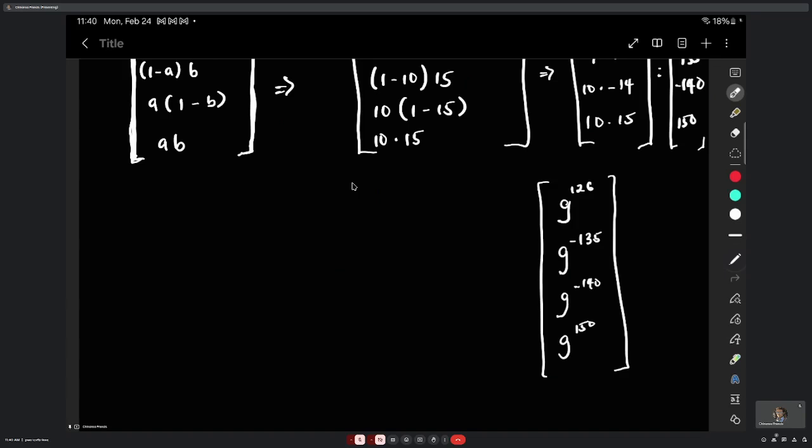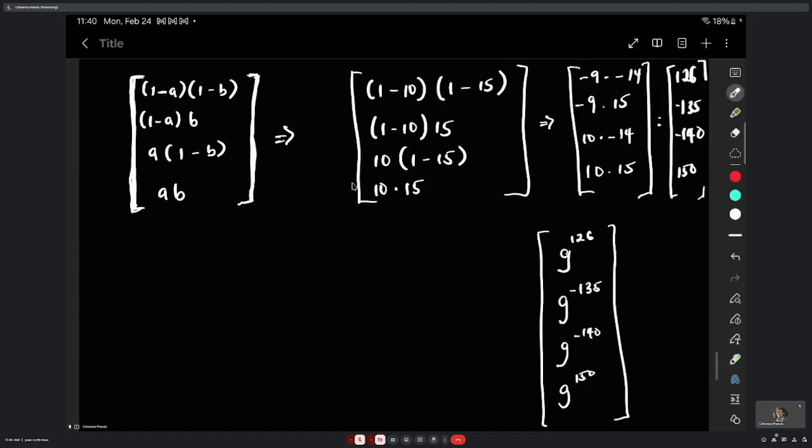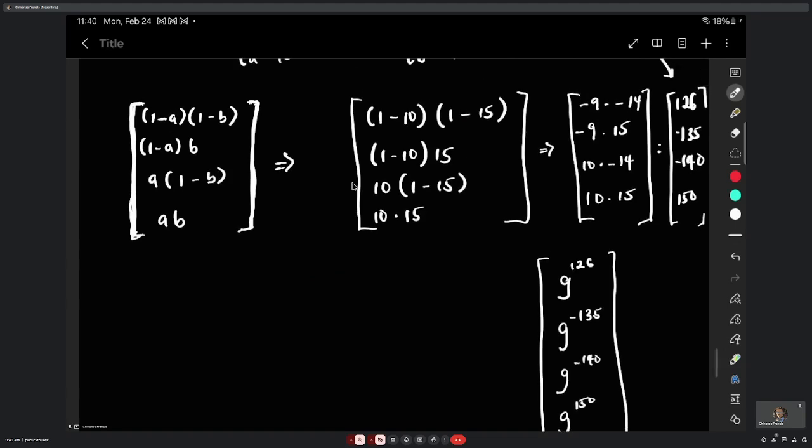Right? So makes sense, right? Okay. So now we have these values. We want to evaluate our polynomial at these values.